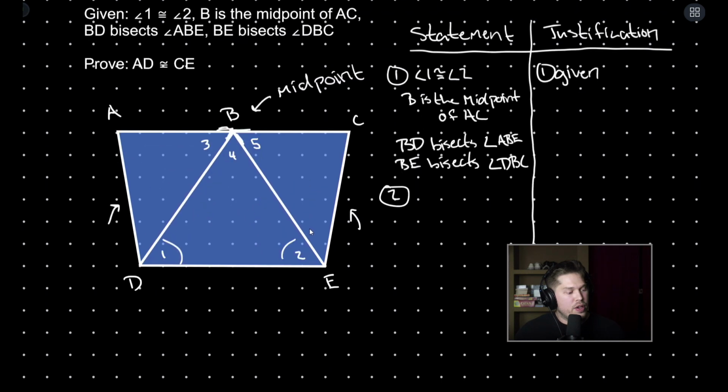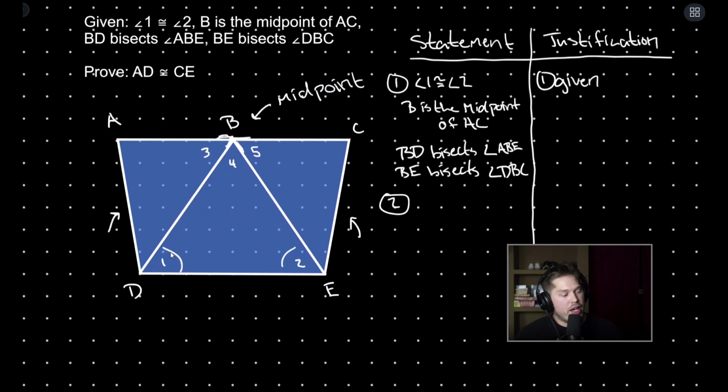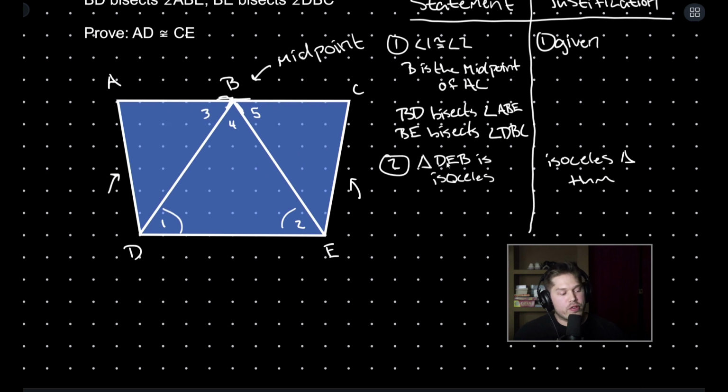So the repercussion of angle 1 and angle 2 being congruent is that triangle DEB is isosceles, and that's by the isosceles triangle theorem. And then what's the repercussion of triangle DEB being isosceles?